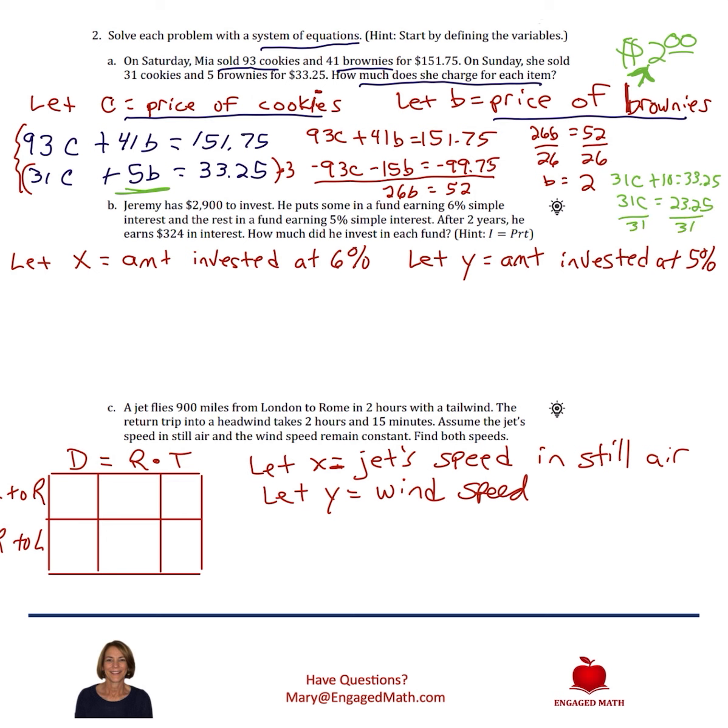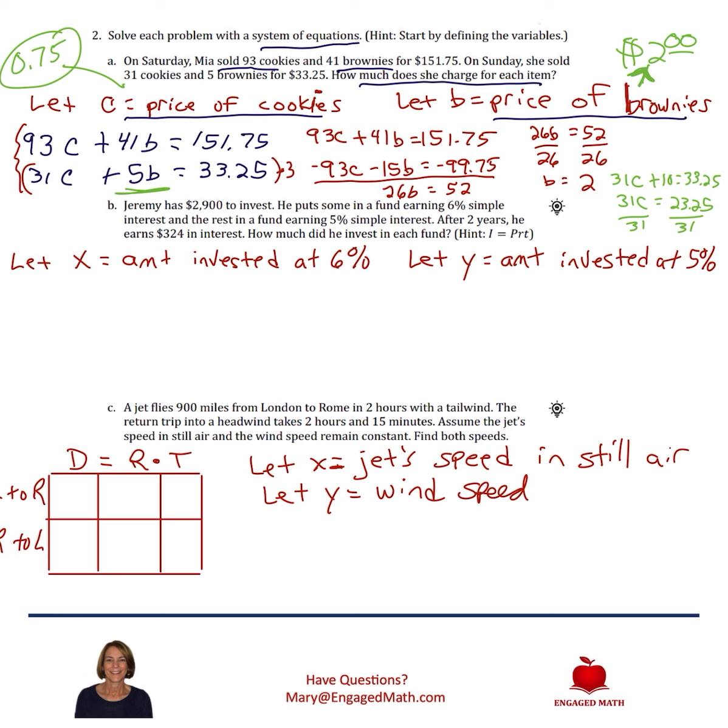When you divide both sides by 31, you're going to get the price of cookies. Doing 23.25 divided by 31 should give you 75 cents for the price of each cookie. So it's going to be 75 cents. That's the price of a cookie.